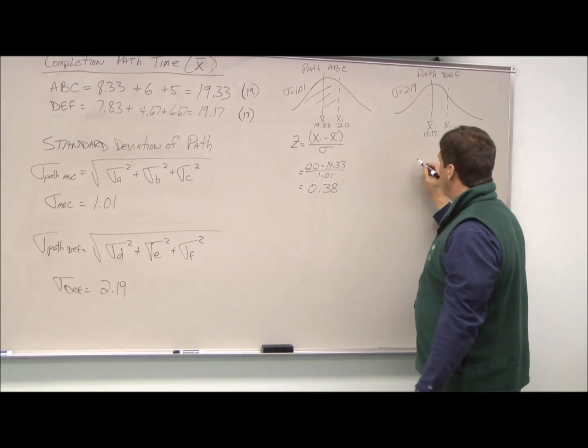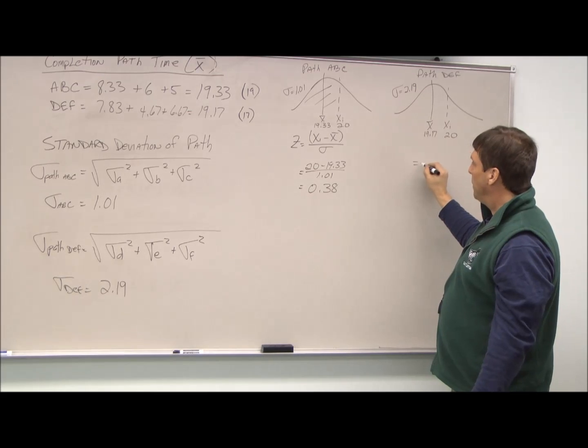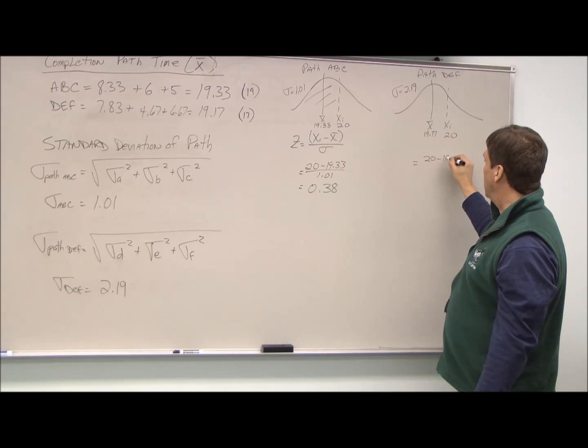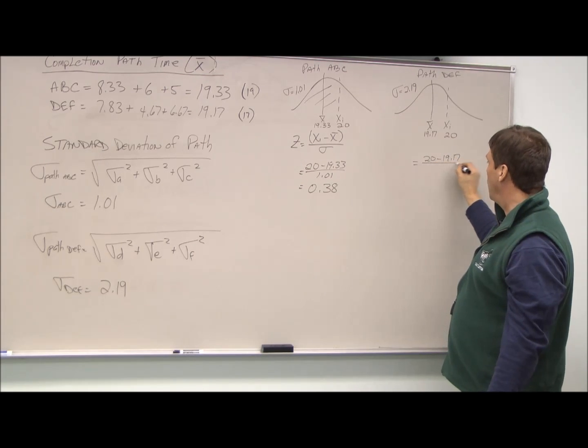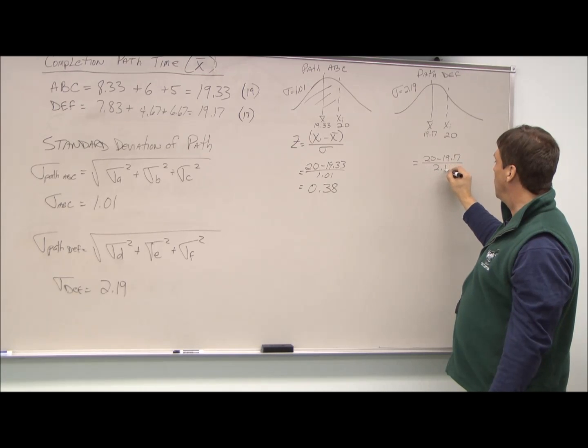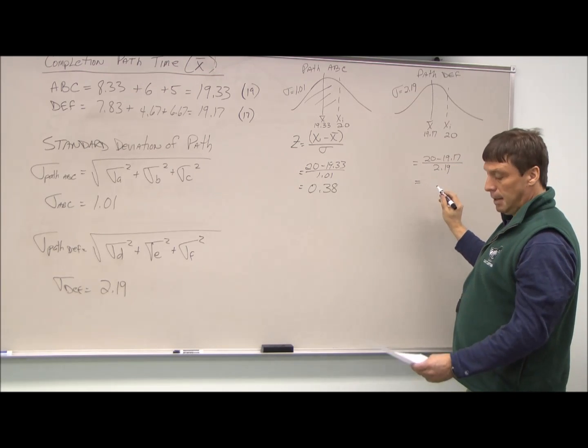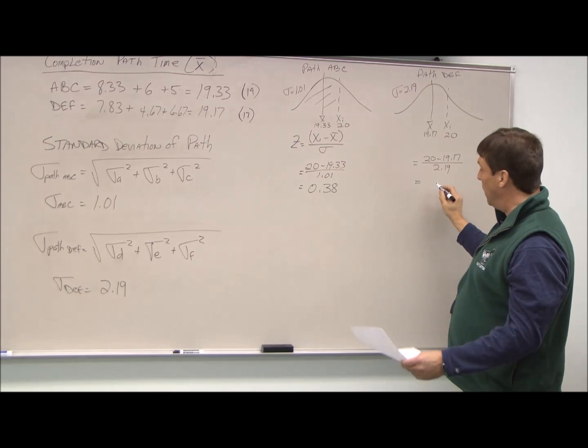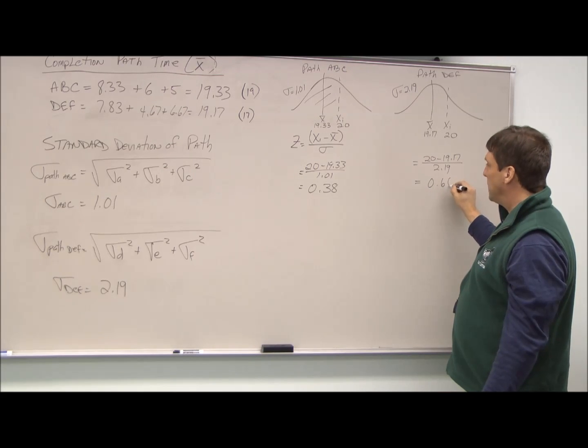Similarly, over here, it would be 20 minus 19.17 divided by 2.19, and this would give us a Z-score of 0.66.